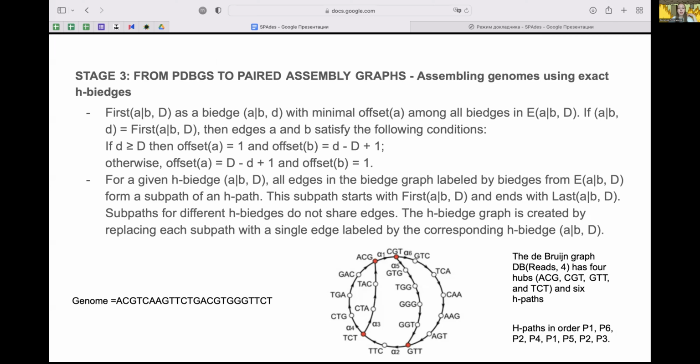It has 6 paths, each path is from first to 6. It is marked with alpha first, alpha second, and so on. So alpha first has only 1 edge, then second has 2 edges, third 3, and so on.